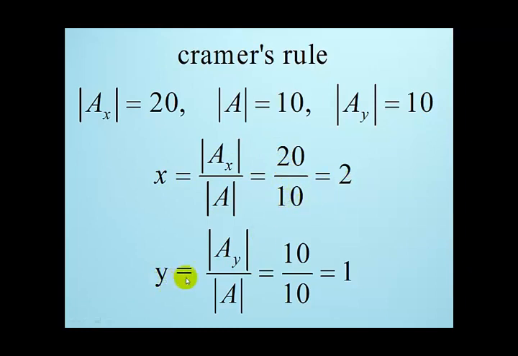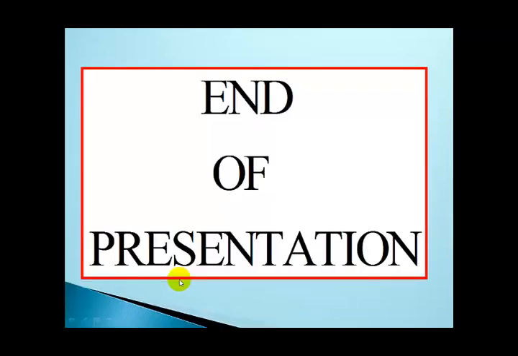Y equals the determinant of AY over the determinant of A, which is 10 divided by 10, equal to 1. So the value of X is equal to 2 and the value of Y is equal to 1. This is the end of our presentation on matrices and determinants.